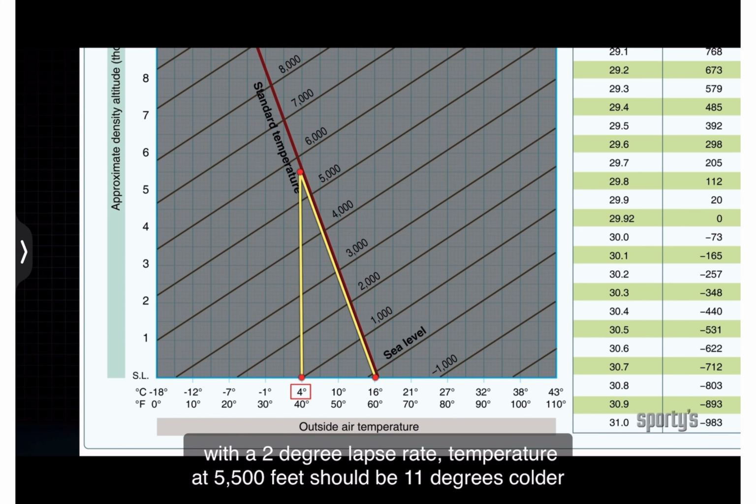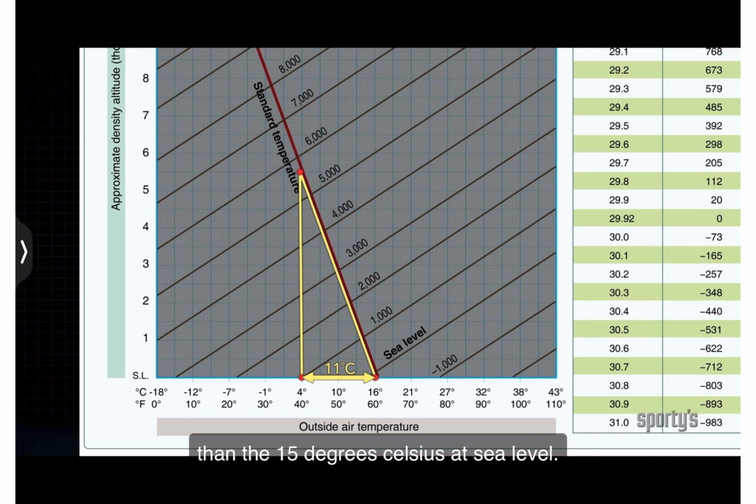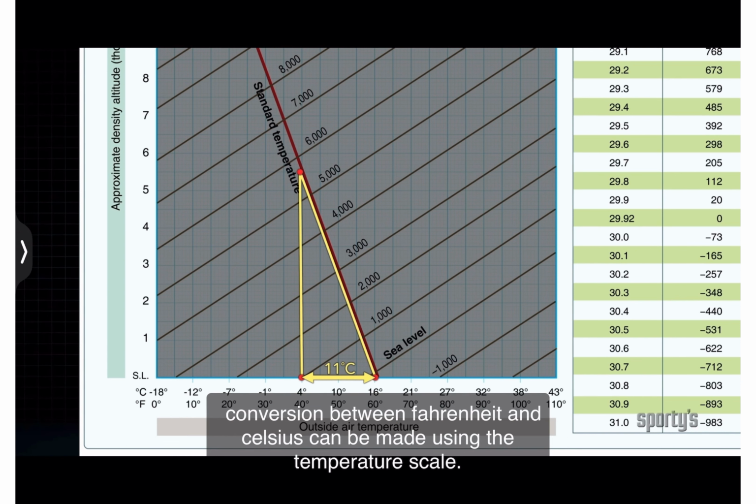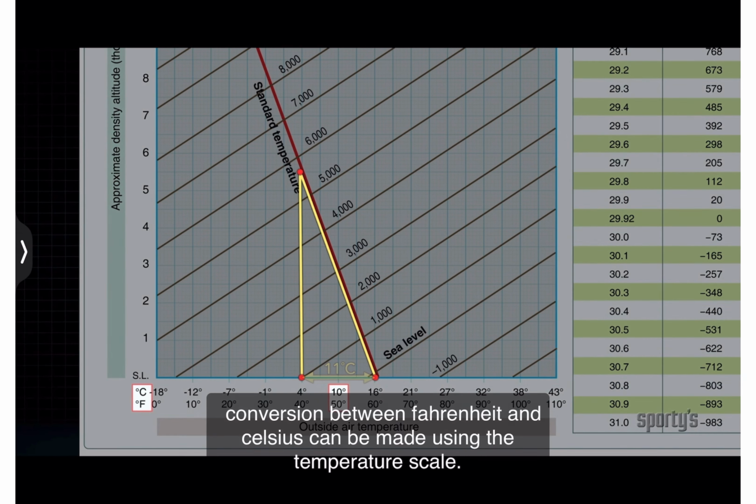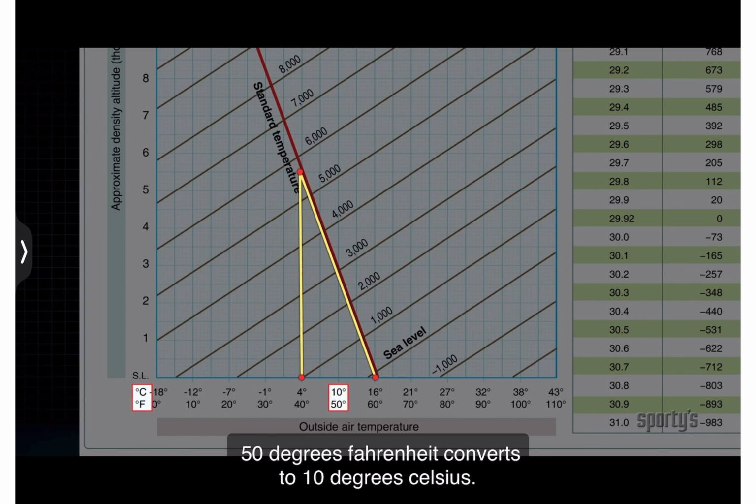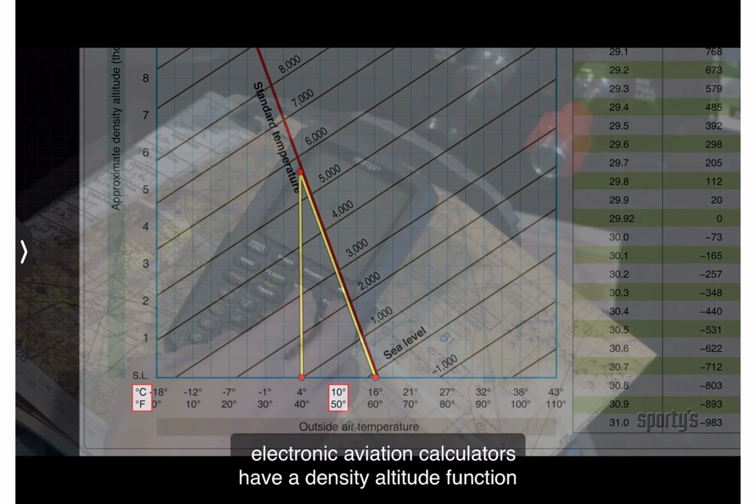With a 2 degrees lapse rate, temperature at 5,500 feet should be 11 degrees colder than the 15 degrees Celsius at sea level. Conversion between Fahrenheit and Celsius can be made using the temperature scale. 50 degrees Fahrenheit converts to 10 degrees Celsius.